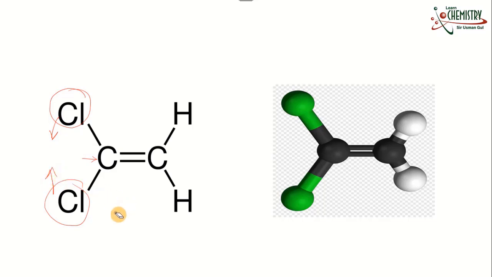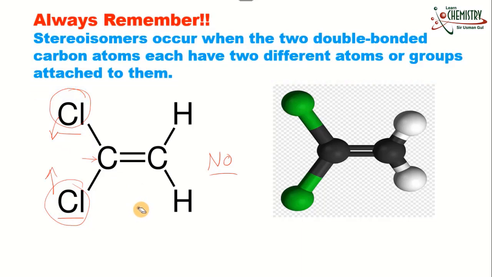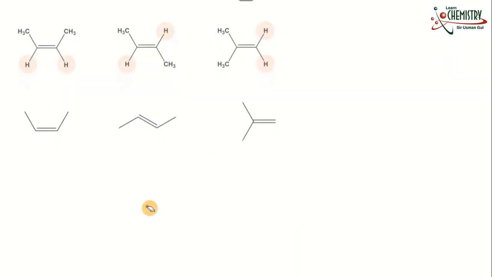Do you think I will get a different molecule? The answer is no, I cannot make another type of isomer by changing these two groups, because they are attached to the same carbon. So always remember, the stereoisomer occurs when the two double-bonded carbon atoms each have two different atoms or groups attached to them. Let me show you some examples.